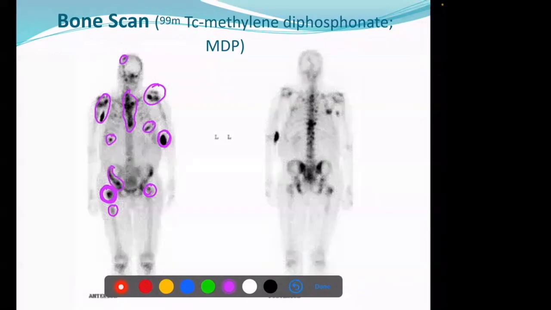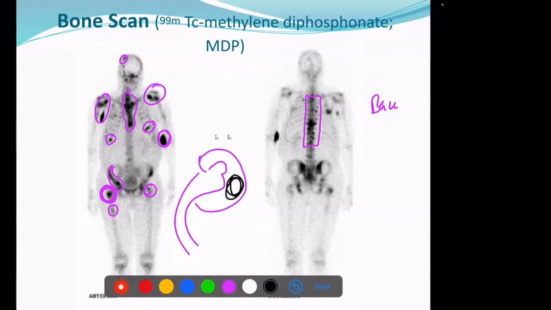This is the back view, and you can see the thoracic vertebra is completely involved. So this patient has multiple metastases to the bone. So if you find a patient with RCC and multiple metastases like this one, then this is a case of RCC with bone metastasis.